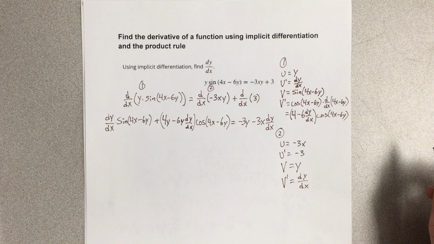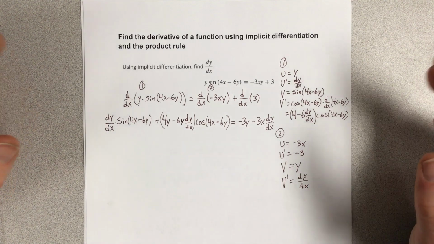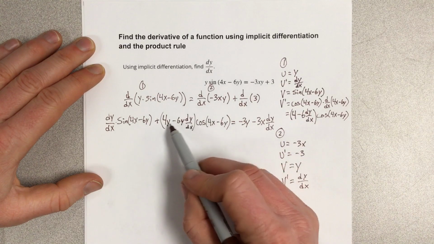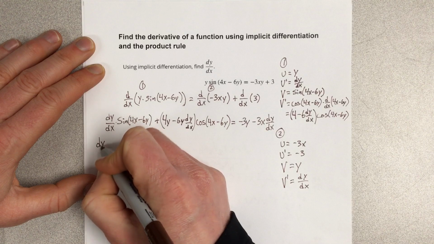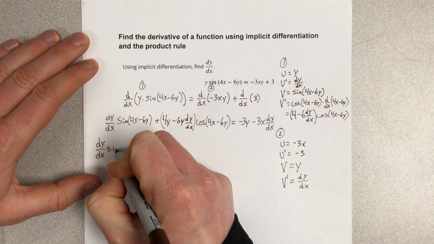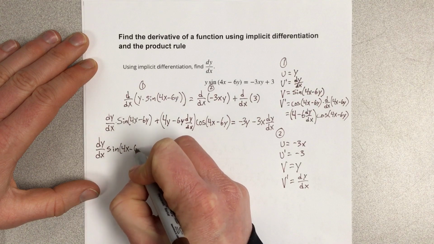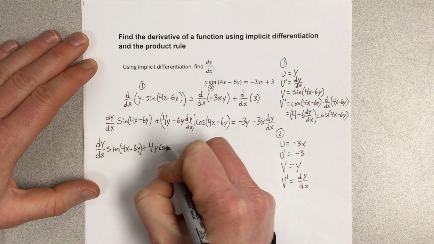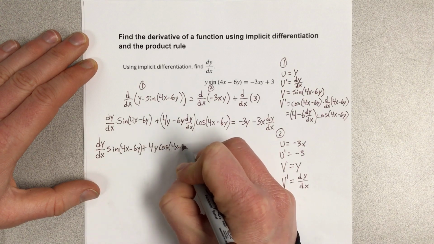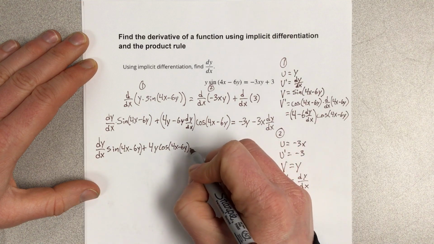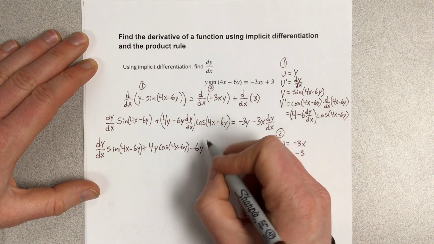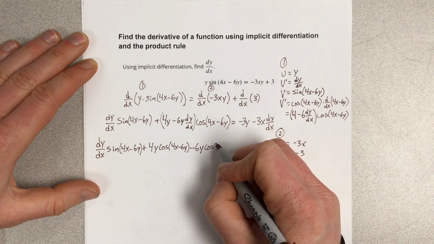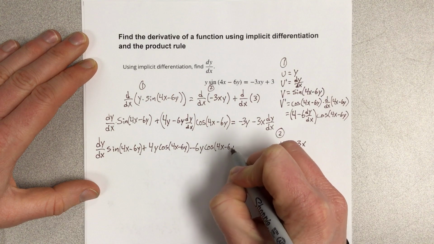Now I need to get dy/dx on the same side. So I'm going to distribute the cosine to each piece here. So we get dy/dx sine of 4x minus 6y plus 4y cosine 4x minus 6y minus 6y cosine of 4x minus 6y.